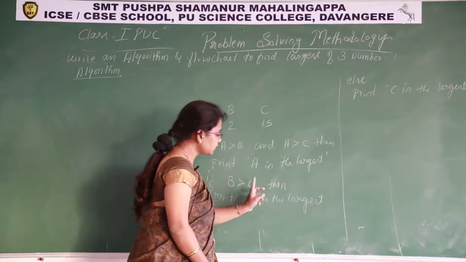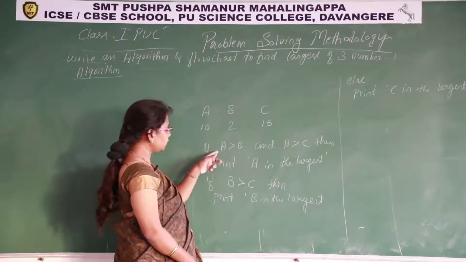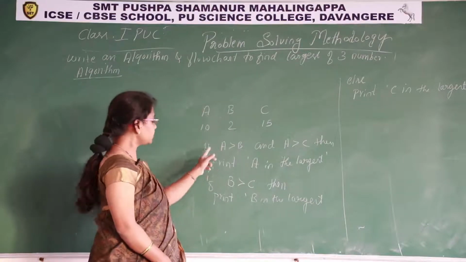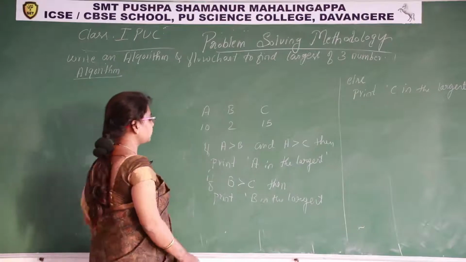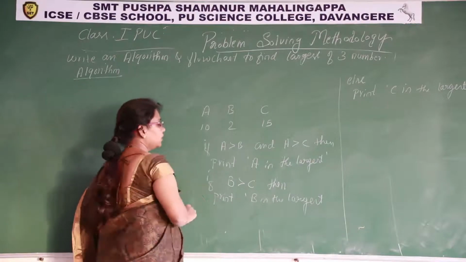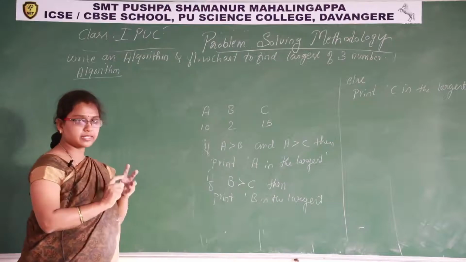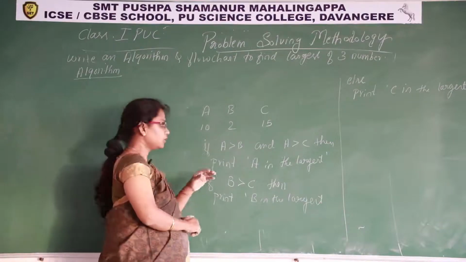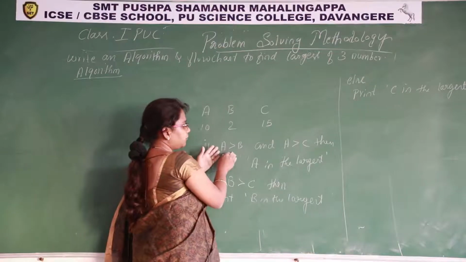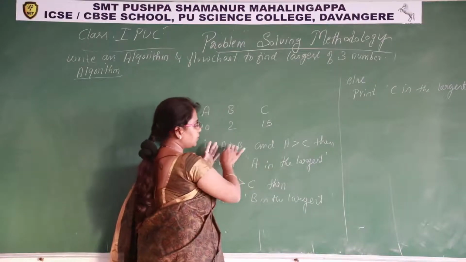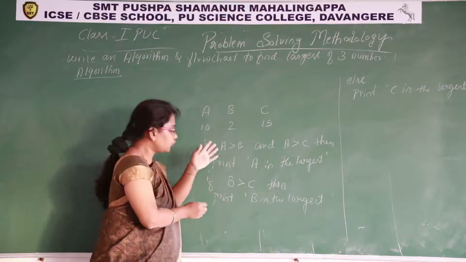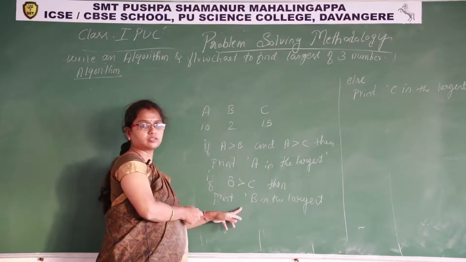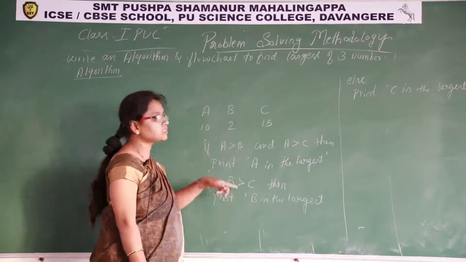If B is greater than C, see, if this condition is satisfied. First we shall understand the nature of if. Wherever if is there in the algorithm, it checks that condition. Suppose if A is greater than B and A is greater than C, and this condition is satisfied, it should not go to the next condition. Then how to make this algorithm?